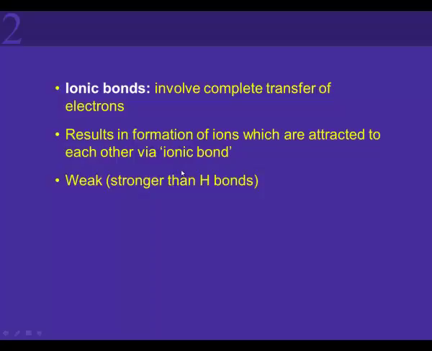Basically, the transfer of electrons results in the formation of an ion, which is an atom with an electric charge. Opposites attract in the case of ions, and in an ionic bond there is an attraction between a positive atom and a negative atom that have become so because of the transfer of electrons.